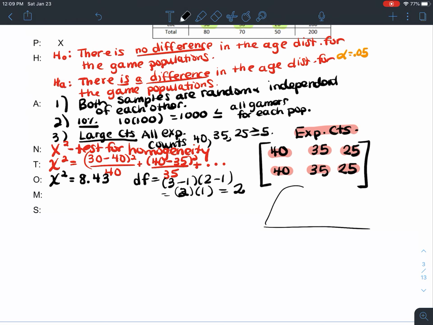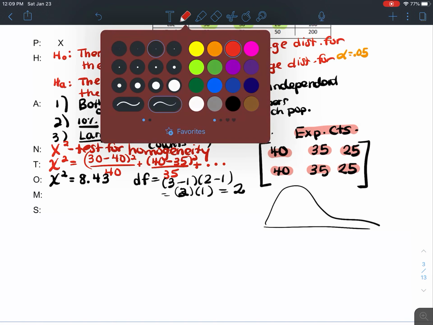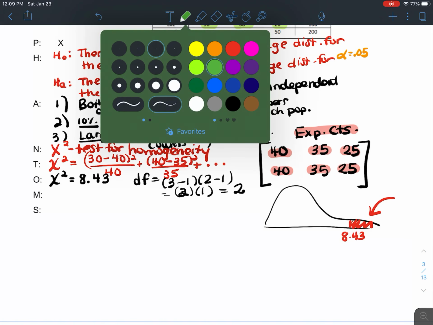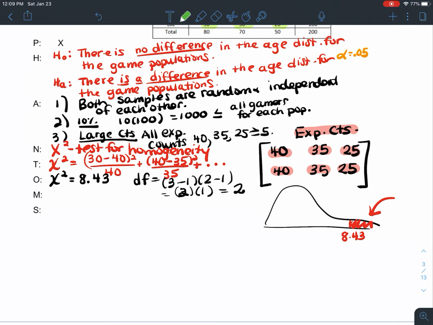Okay, now remember what we're essentially saying here is our chi-square test statistic is 8.43. I'm looking for the area to the right of that. If you go to your calculator where you find the normal CDF, press second and the vars button, you will notice, I believe it's option 8, you see an option for chi-squared CDF. Okay, it needs 3 inputs.